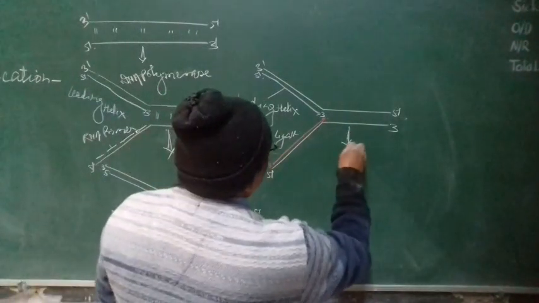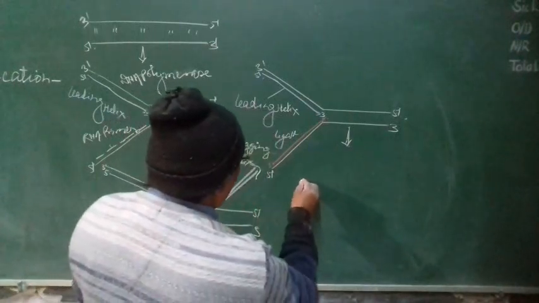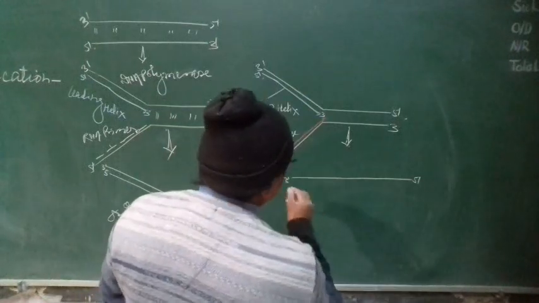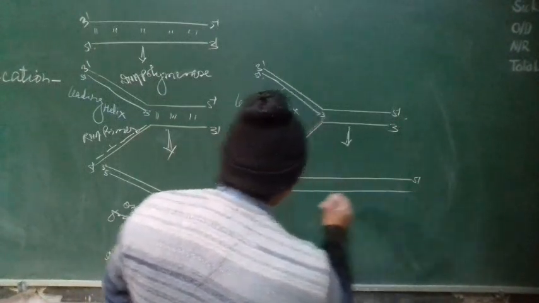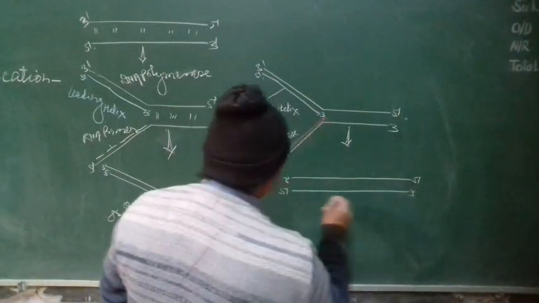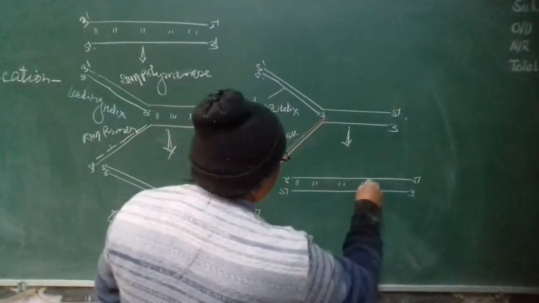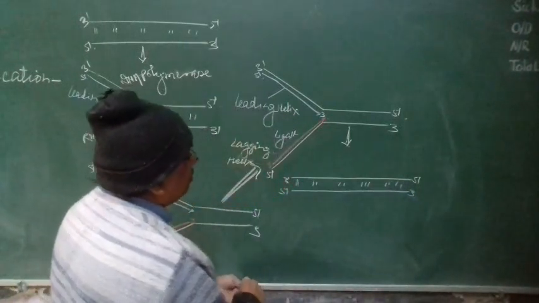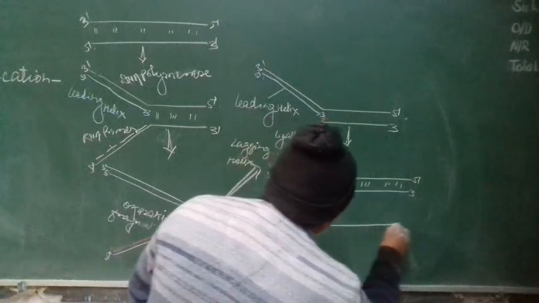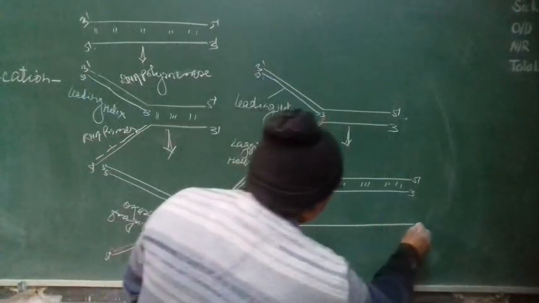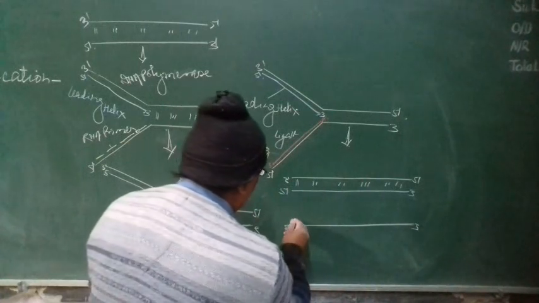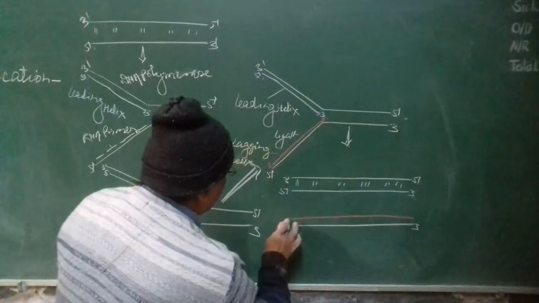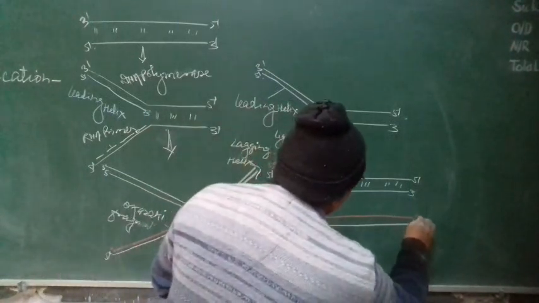Ultimately, from one DNA, how many DNA develop? Here one helix develops in 5 to 3 direction, and the other one here in 5 to 3 direction with 3 to 5 polarity.